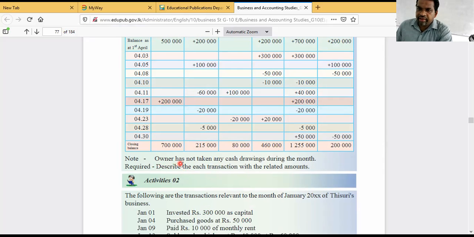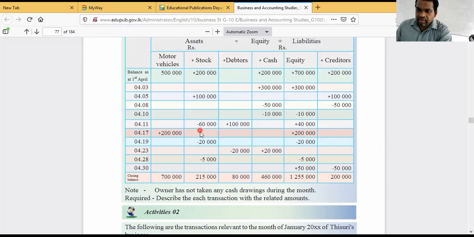Even though they have mentioned owner has not taken any cash drawings, it doesn't mean that owner has not taken goods drawings. Therefore, we can consider this minus 5,000 as goods drawn by the owner worth 5,000 rupees, or loss of goods worth 5,000 rupees.